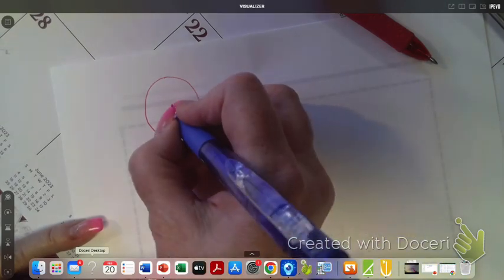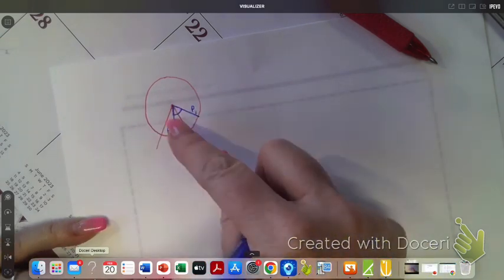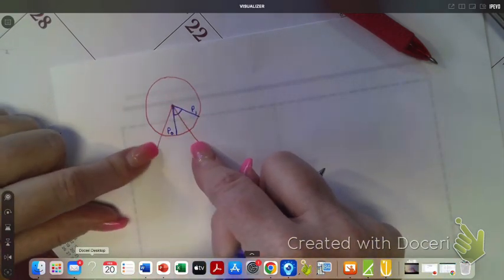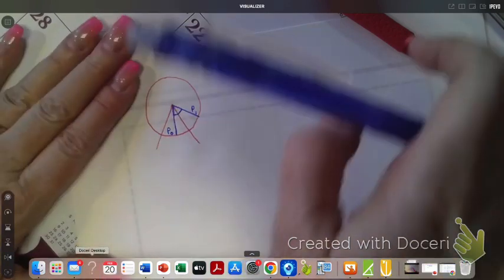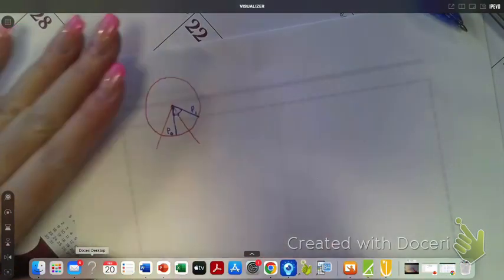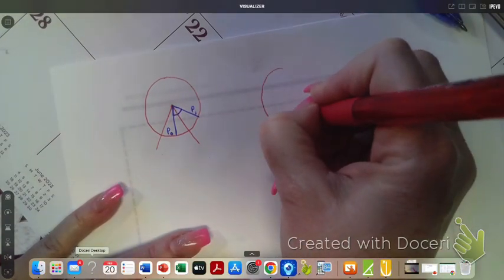And then we have our central angle. Now, are those guideposts really important to us? No, not really. So a lot of times mine don't even have that. I'll show you, and you can decide which one you like better.